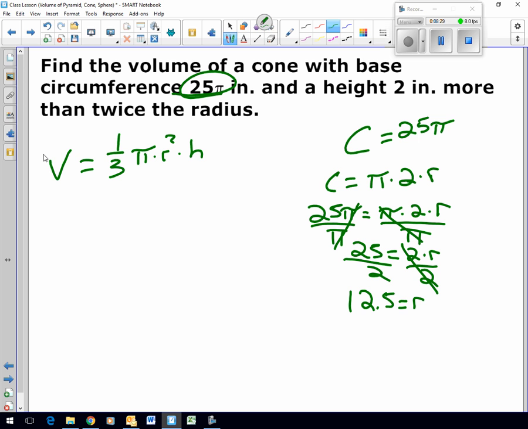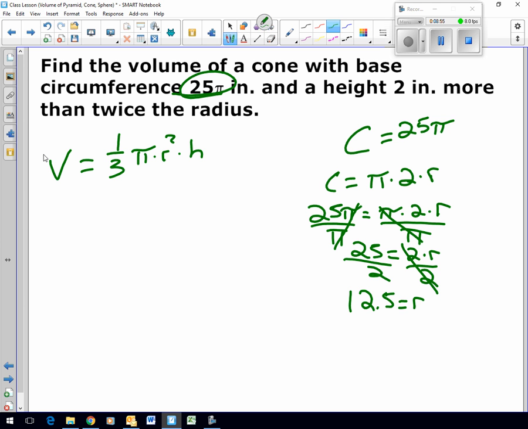How do I find the height? The height is what? No, read the whole thing. Alright, this is EOC. Pretend like right now you are on the EOC.